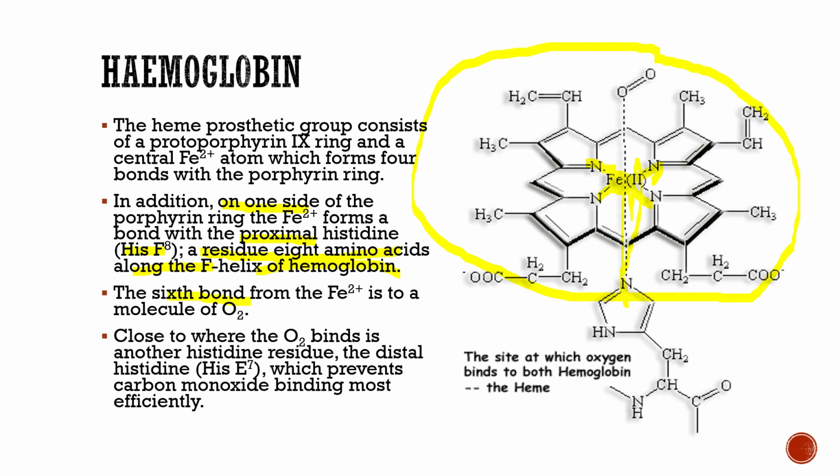The sixth bond to the iron is with the molecule of oxygen, O2. Close to where the oxygen binds is another histidine residue, the distal histidine or E7, which prevents carbon monoxide binding most efficiently.